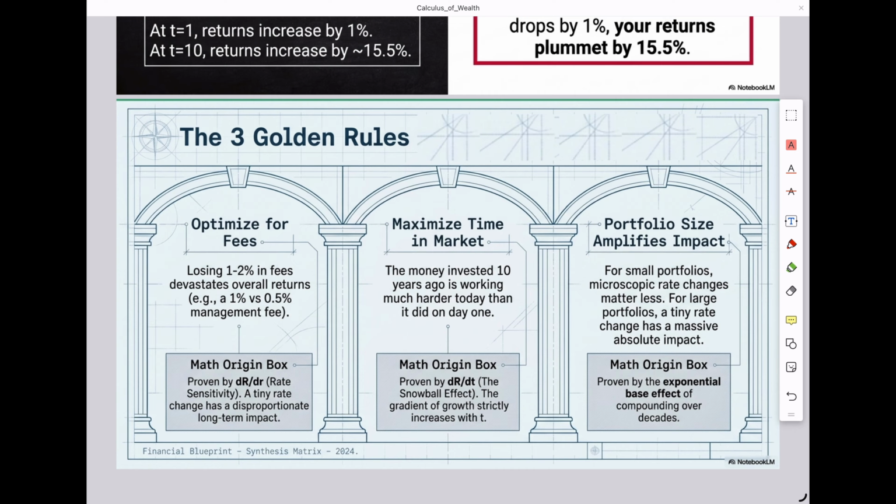When your portfolio is small, microscopic rate changes matter less. But for large portfolios, like 500,000 or 600,000 or 1 million, a tiny rate change has a massive absolute impact. So this is the combination of both the snowballing effect as well as rate sensitivity.